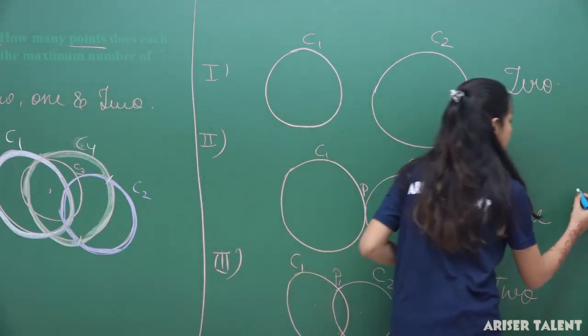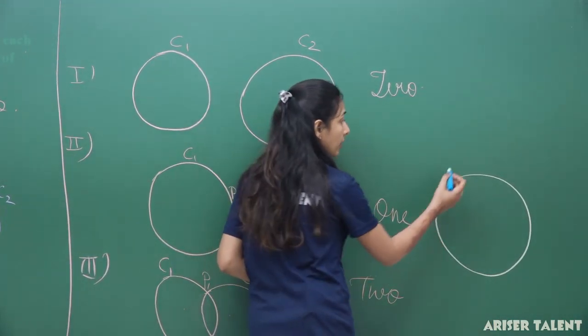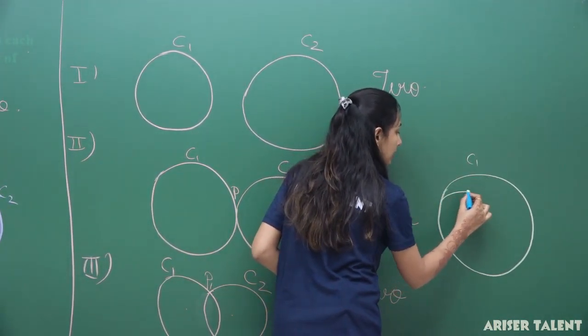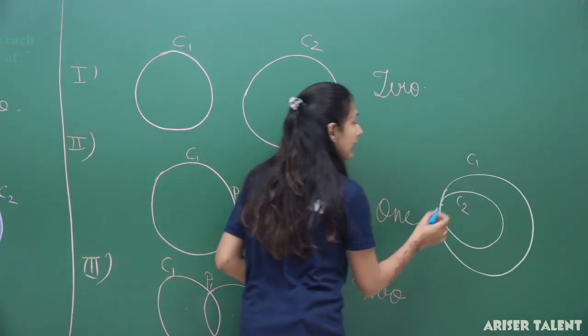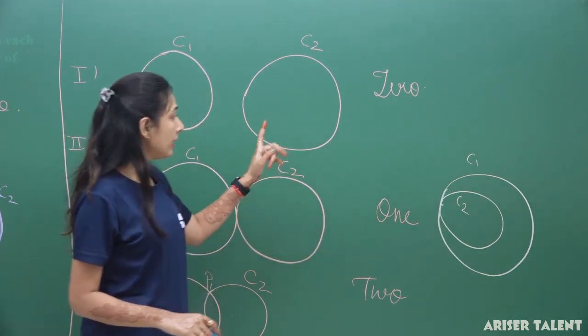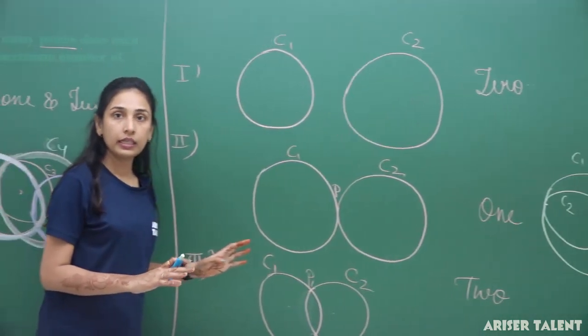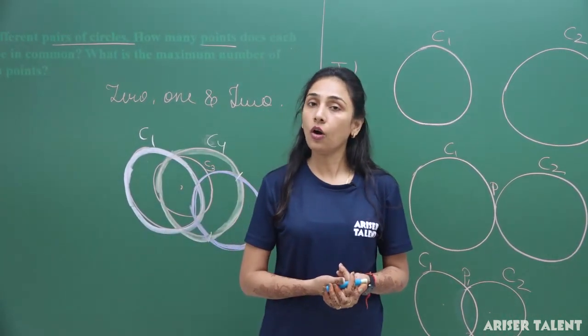What? That will be the one circle, that will be C1, and this will be C2. In that case also we are having only one point of contact. So that is 0, 1 or 2. That's final. No other condition can be obtained here.